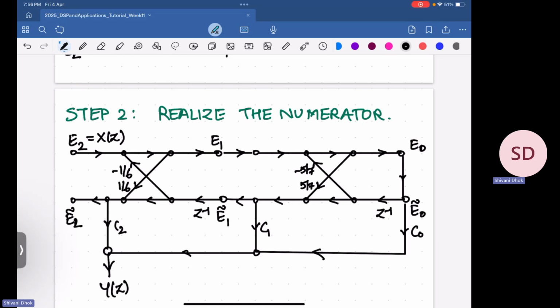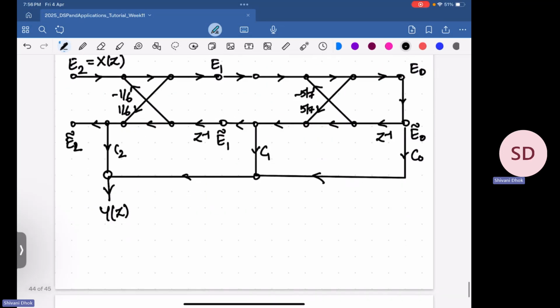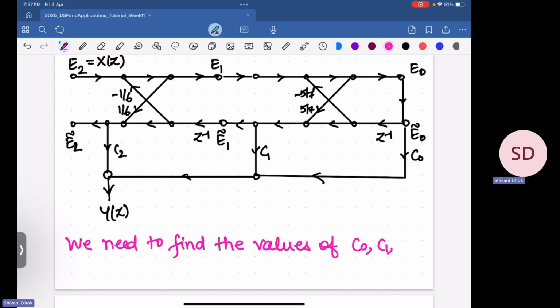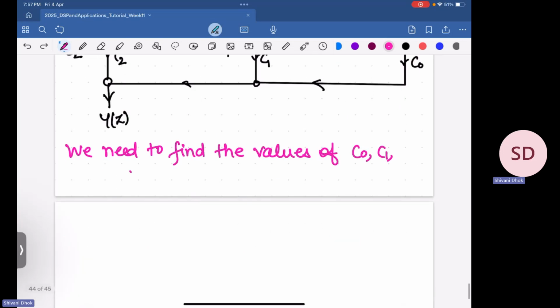Okay, so now what is remaining is we need to find the values of C0, C1 and C2.